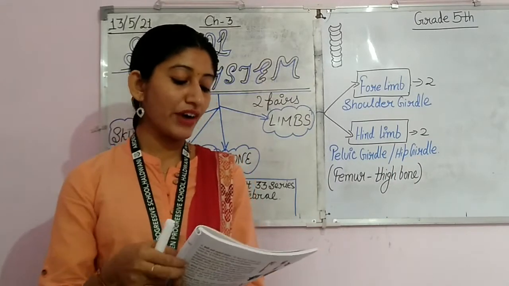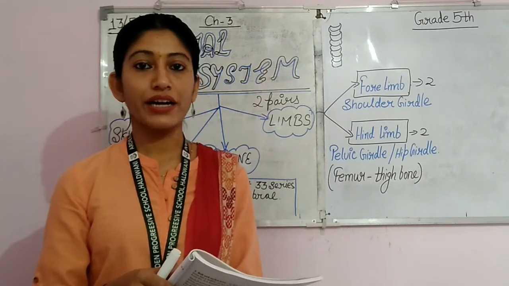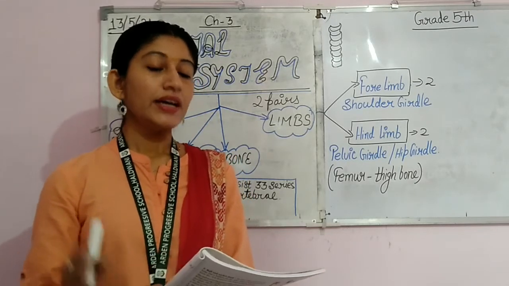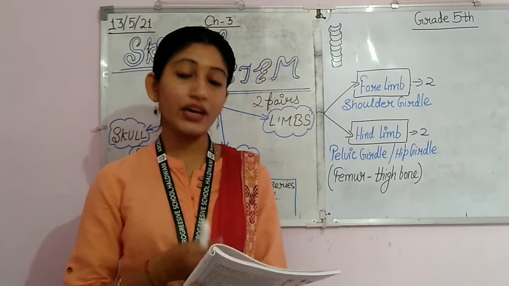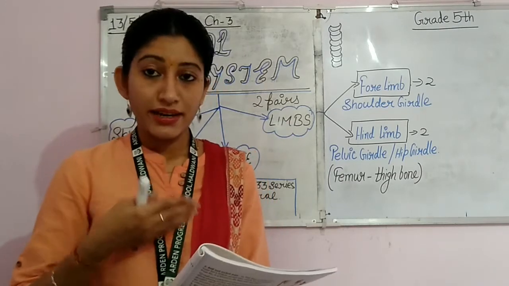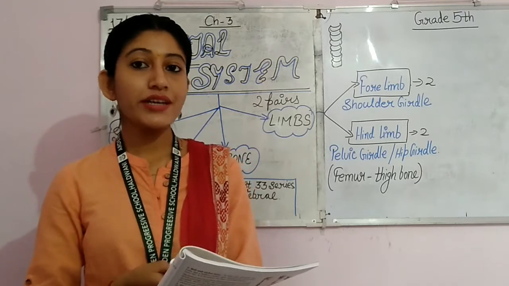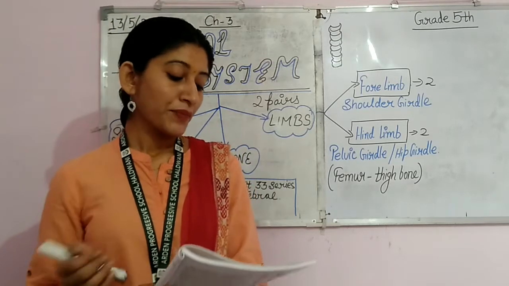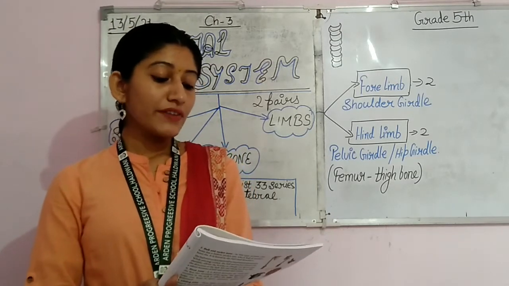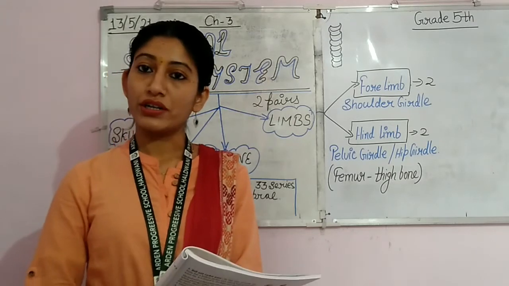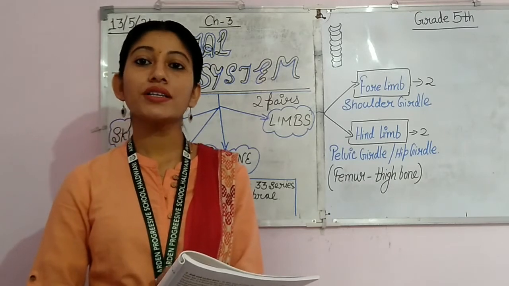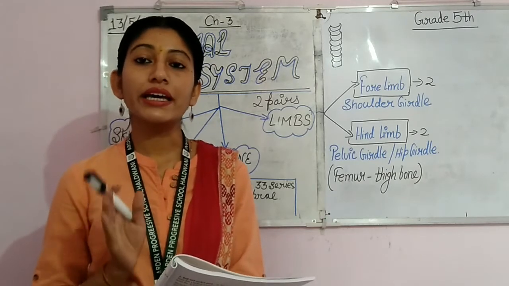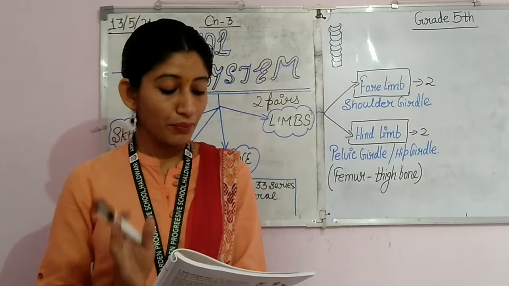See, functions of the skeleton. What are the functions of a skeleton? A skeleton has the following functions. I hope you know whatever is given here, but let's check whether we know these things or have skipped something. First, it gives form and shape to the body. I have explained that the skeleton gives shape to the body.